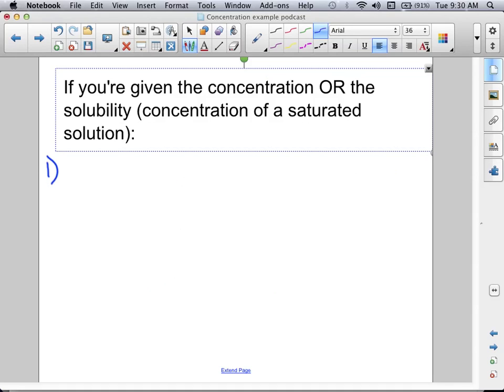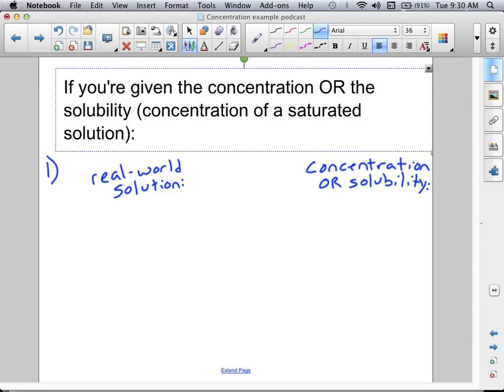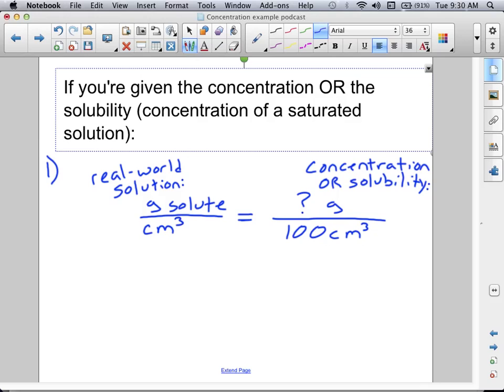Just like before, we always put the concentration or the solubility on the right, and we put the real world solution, whatever's mixed or measured, on the left. The right is how many grams there are in 100 centimeters cubed of solvent, and the left is how many grams of solute actually went into a certain number of centimeters cubed of solvent.